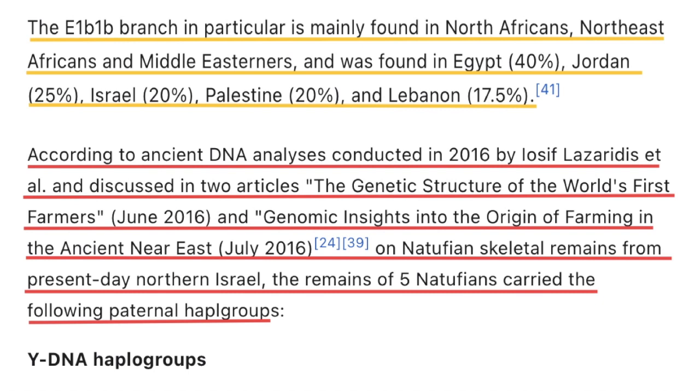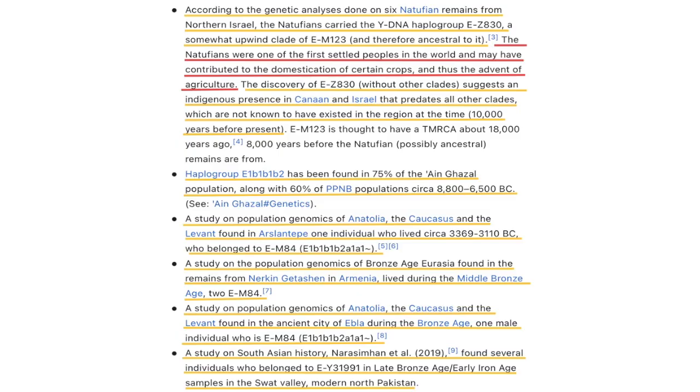The remains of 5 Natufians carried the following paternal haplogroups, which of course is Y DNA haplogroup E. According to the genetic analysis done on 6 Natufian remains from northern Israel, the Natufians carried the Y DNA haplogroup E-Z830, a somewhat wide, open-wide clade of E-M123, and therefore ancestral to it.